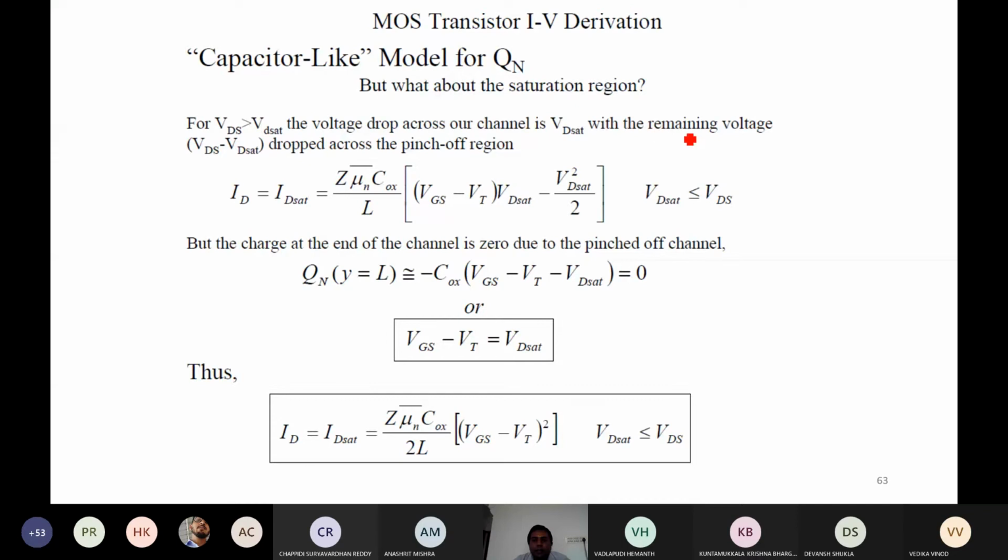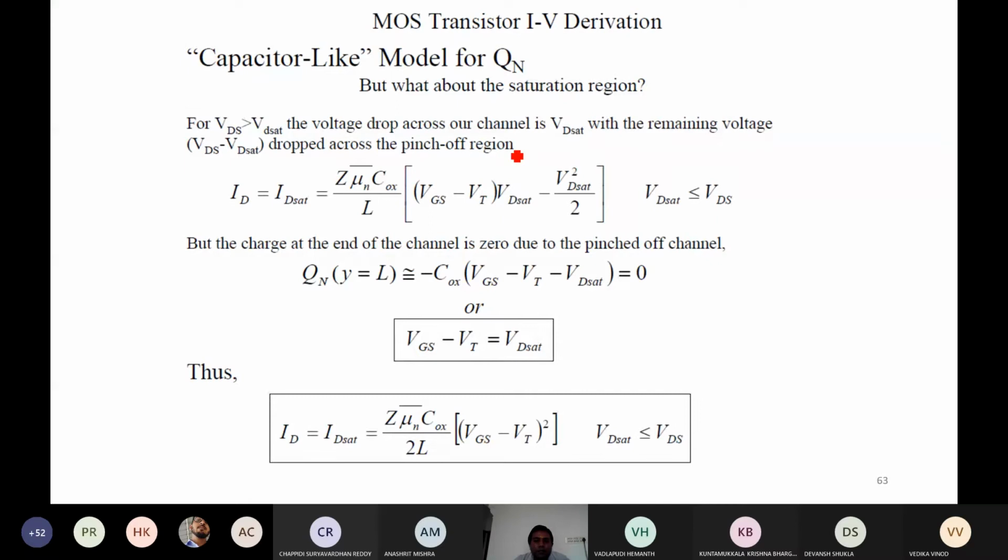If you are applying VD sat, then it is dropped in the channel. But if you apply a voltage more than VD sat, then not all the voltage drops in the channel. Only VD sat drops in the channel, and the rest, VDS minus VD sat, drops across the pinch off region, contributing no current.